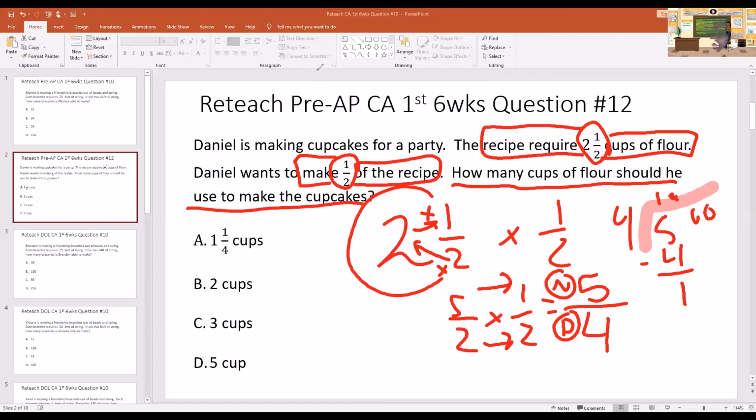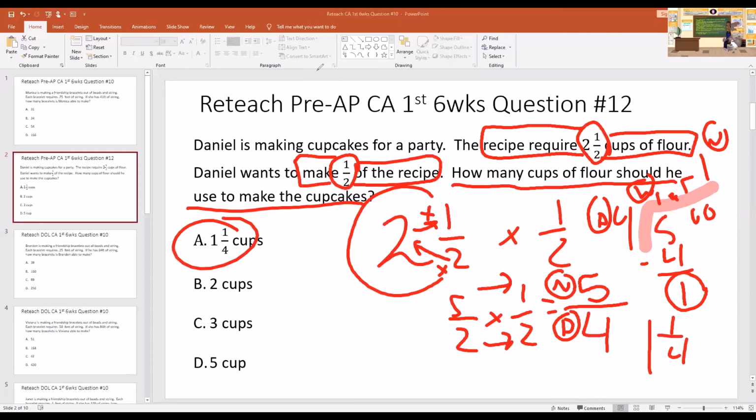But now that I already set it up, my remainder of 1 is now my new numerator, and my denominator still stays the same, and 1 will now be my whole number. And I will end up with 1 and 1/4. Answer should have been A. All right, y'all. Thank you and move on. Have a great day.